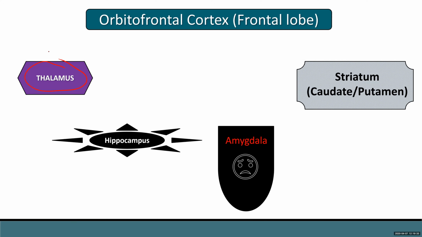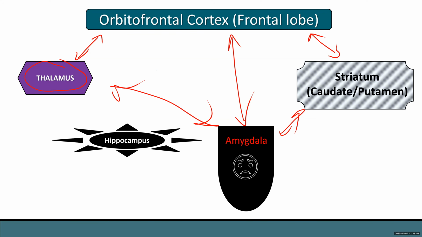But the orbitofrontal cortex and the thalamus have connections. The orbitofrontal cortex and the striatum have connections. And they're reciprocal, so they're back and forth. These are all connected to each other, in other words, all right? So there's this circuit, and this circuit is important because it's the circuit that goes awry in OCD.